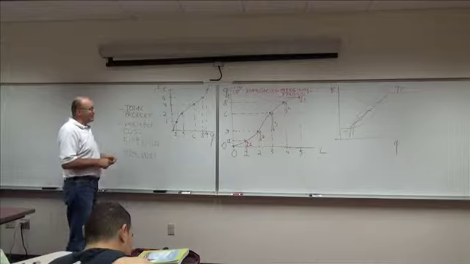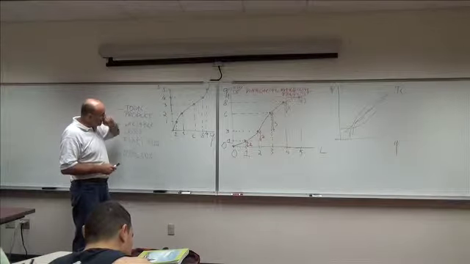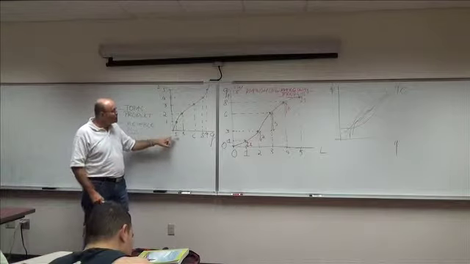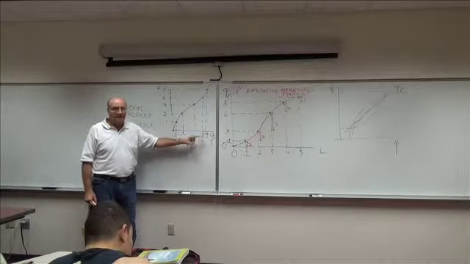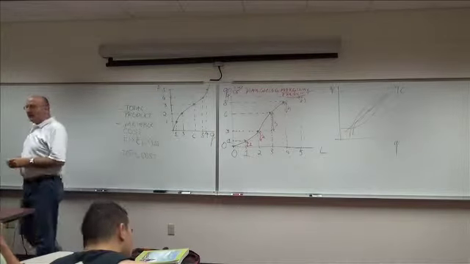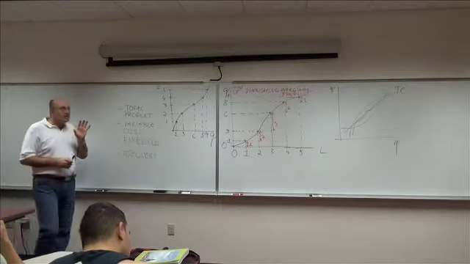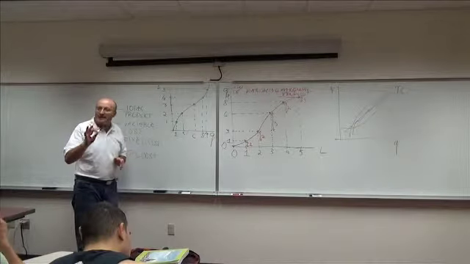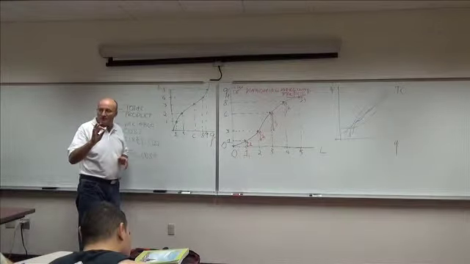Here's why we're doing it. This graph here tells you that if you want to move a certain number of pianos in a day, you have to hire a certain number of workers. Let's suppose that each worker costs $100 a day to hire.